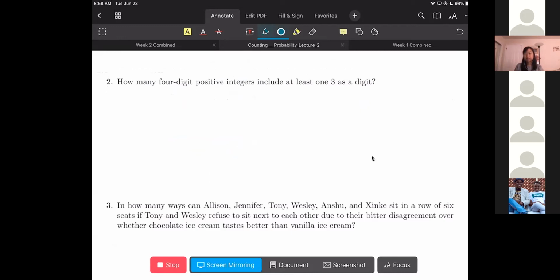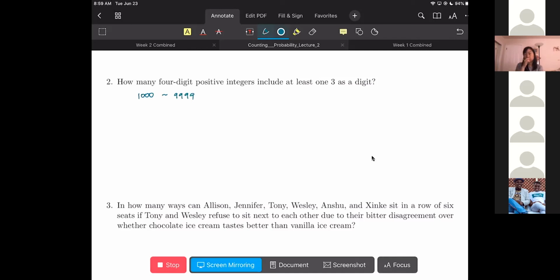Well, we can't count all the 4-digit positive integers. We know that they range all the way from 1,000 to 9,999. Those are all the 4-digit positive integers. And then we know that in every 10 of those integers, there will be 1 of them that contains a 3.